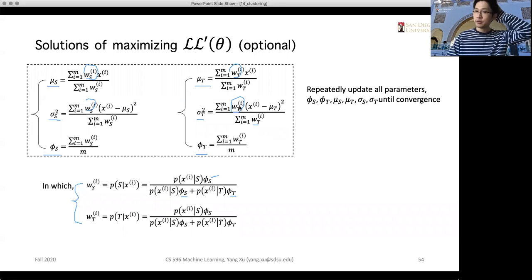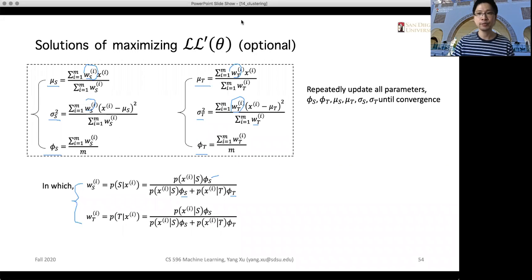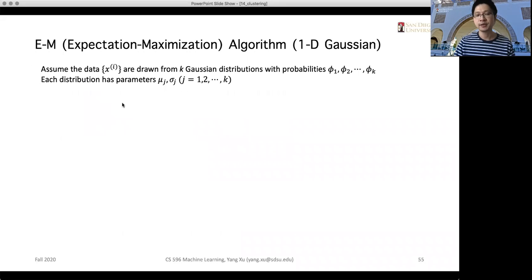We need to repeat those steps until they don't change, until they converge. And this repetitive algorithm, or iterative algorithm, is called the EM method, which is short for expectation maximization algorithm.